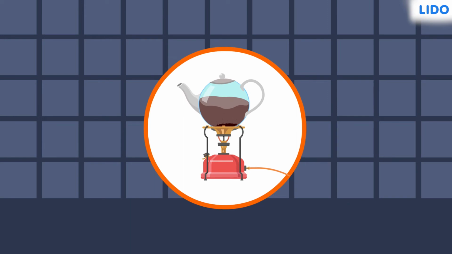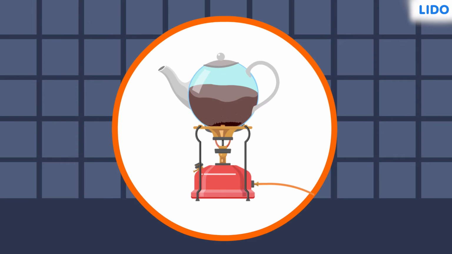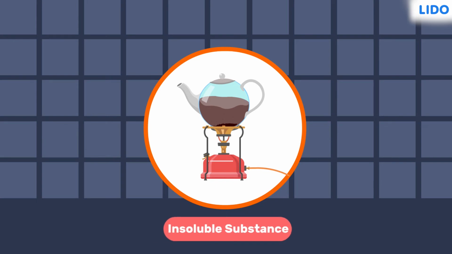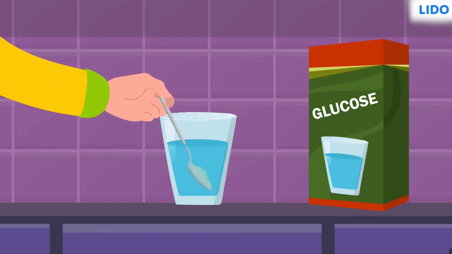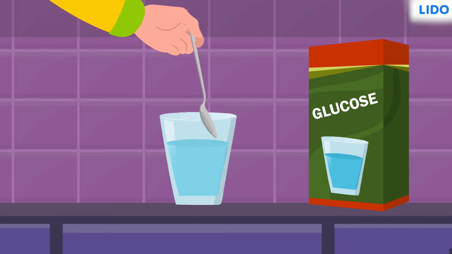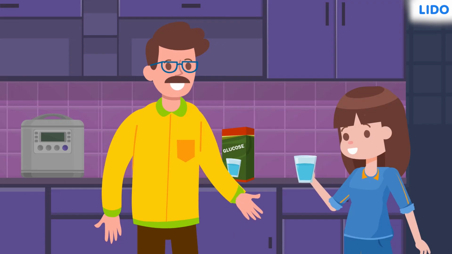Do you remember seeing the tea powder at the bottom of the container when the tea is being prepared? That is because tea powder is also an example of an insoluble substance. But when we add glucose powder in water, it vanishes. That is because it dissolves completely in the water as it is a soluble substance.